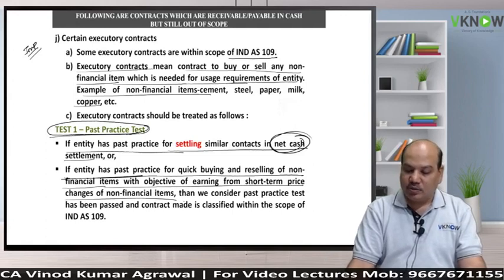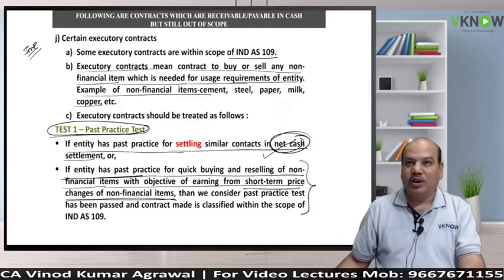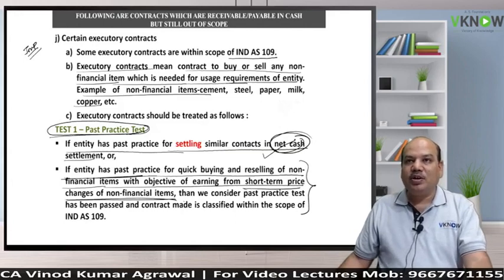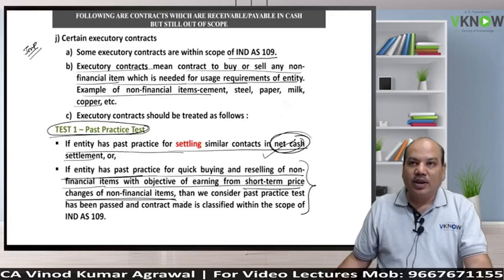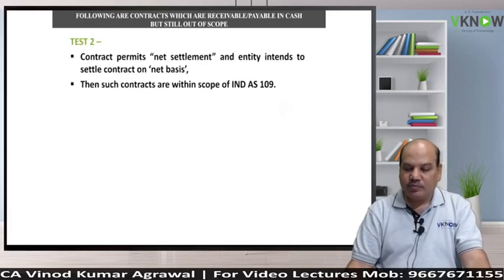So either you settled on net in the past, or you have a history of making short-term price movement gains by buying and reselling immediately in a very short period. This will be treated like a derivative, and the standard will become applicable.